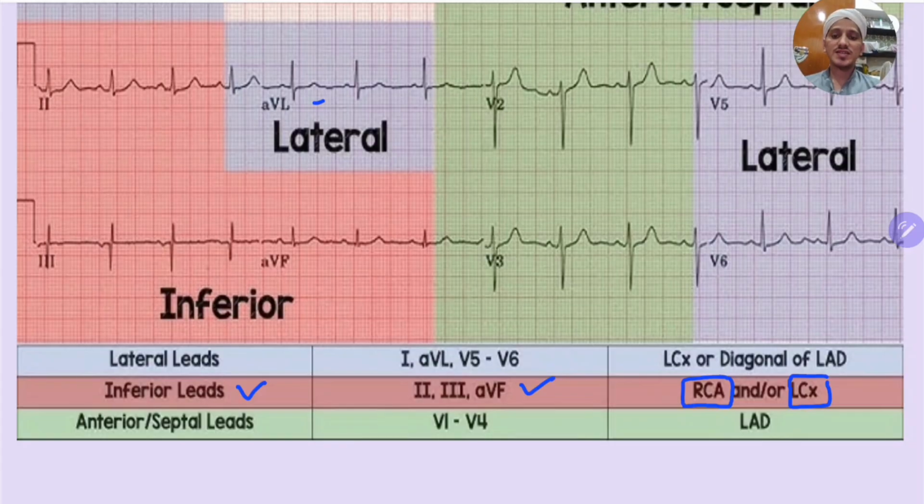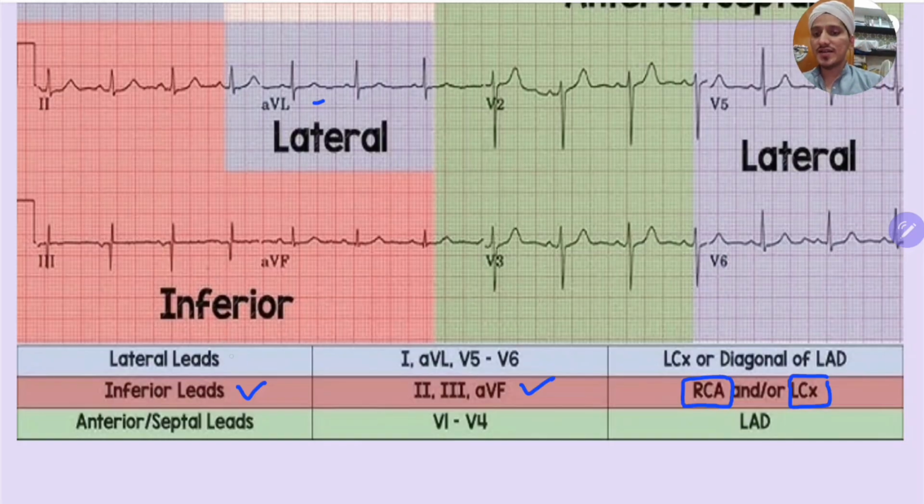So whenever there is inferior infarction, you see ST segment changes in these leads. Which are the coronary arteries involved in inferior infarction? Right coronary artery and left circumflex artery.